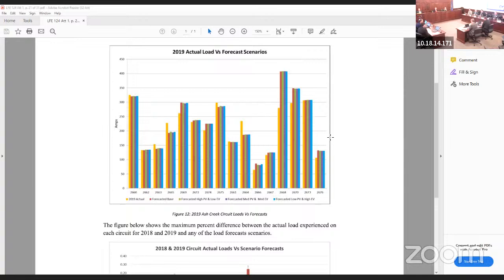I understood earlier that you would have had load forecasts for the different scenarios out to 2025. Correct. Did the company continue the analysis since this report, looking at any years subsequent to 2019, for example 2020, 2021, 2022? We have not. Okay, those are all the questions I have.